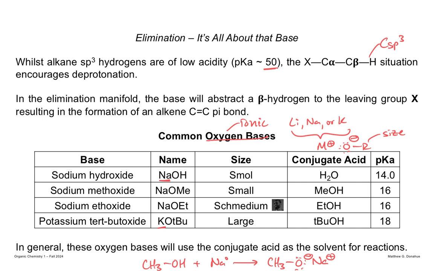So that would make sodium methoxide. But remember, since solvent is there in excess, essentially what happens, you throw in little pieces of sodium, it'll fizz because it's generating H2 gas. And then you have the sodium methoxide in a solution of methanol.